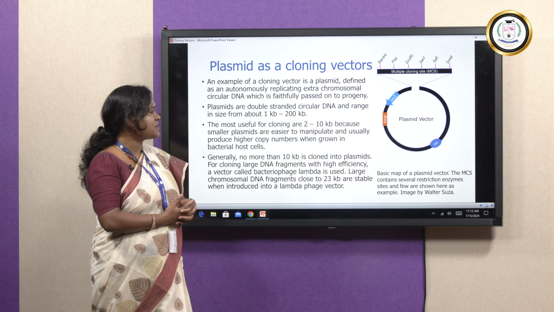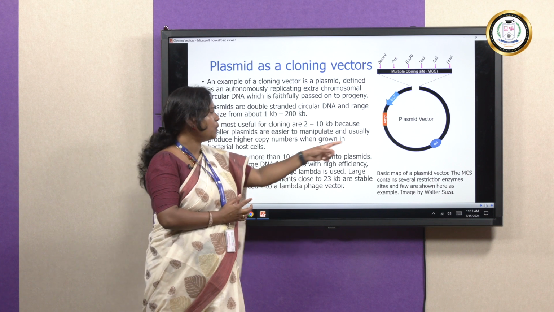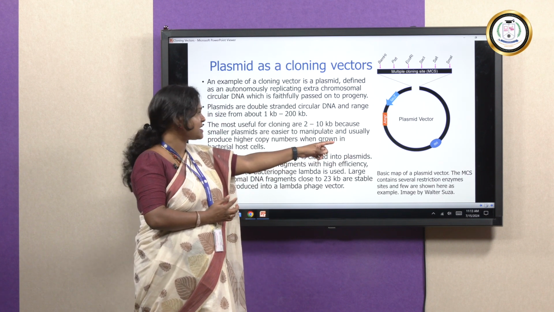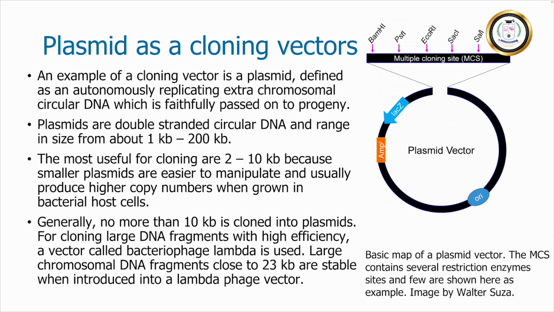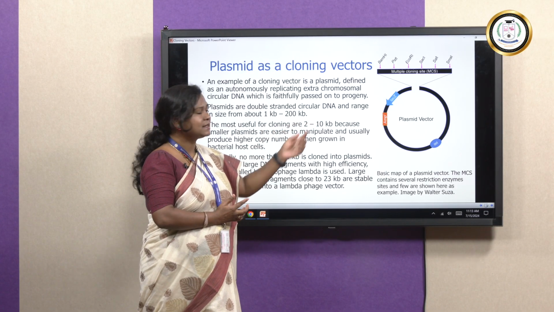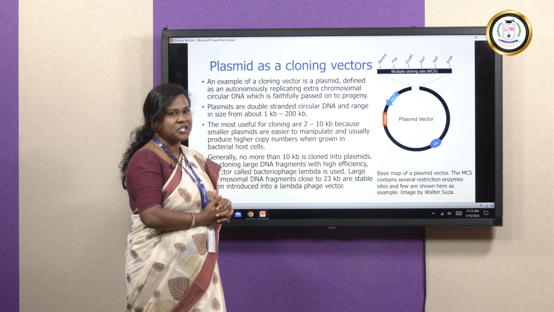If we have to speak about the three important regions present in the plasmid vector, one is the ORI site, which is the origin of replication site, and the lac gene, which helps in using galactose. For example, I'm using the galactose gene, and the next is the antibiotic resistant gene.